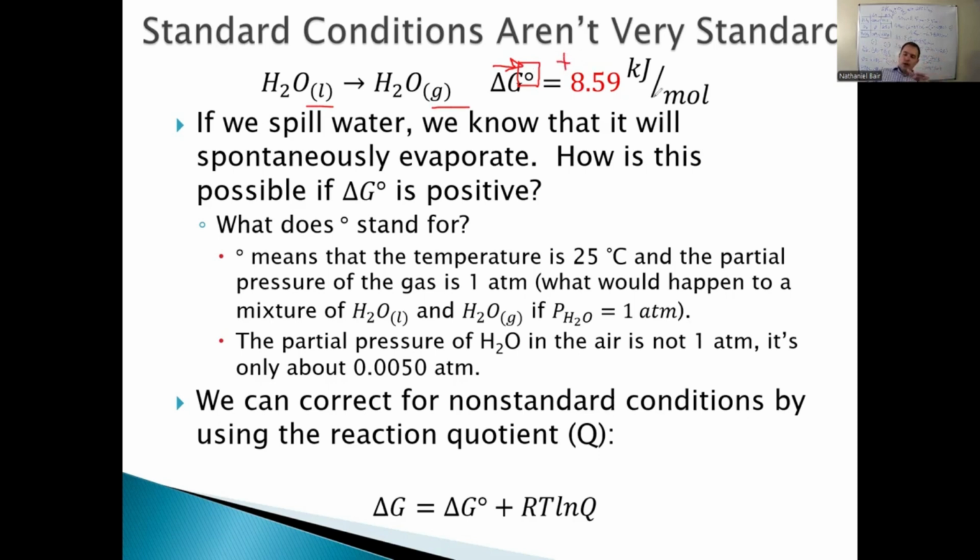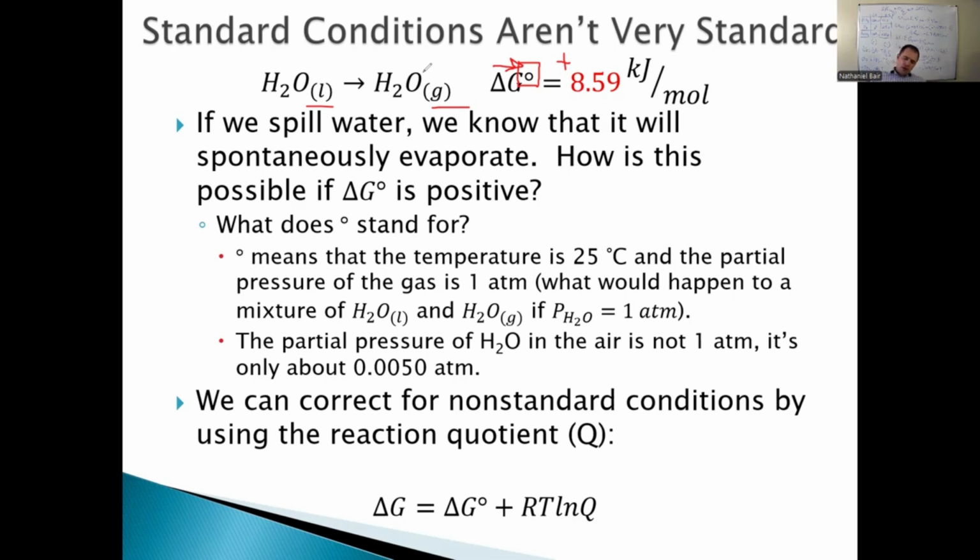And at first glance, you may say, wait a minute, that doesn't make any sense. Here's what this is saying. This is saying under standard thermodynamic conditions, water will not spontaneously turn into a gas. And that is just not true under standard, like regular conditions, but not thermodynamic conditions.